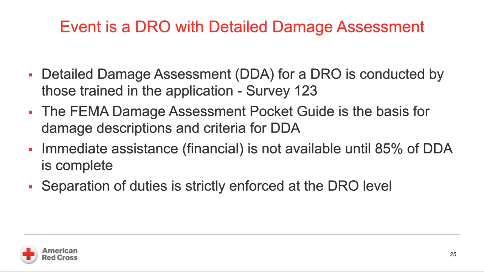And the last thing here is that when we do DRO with detailed damage assessment, there are very specific duties and functions assigned for a DRO. The people assigned those tasks will be conducting them, and that also includes doing the damage assessment portion. Next slide, please.